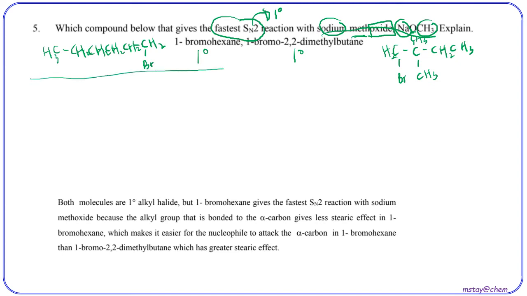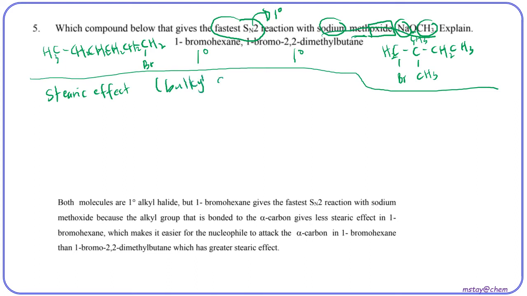So we will continue with the second factor that we need to consider, which is the steric effect. Basically, the steric effect is looking at the bulky group. For this one, it even has more carbons, but the arrangement is considered straight chain.